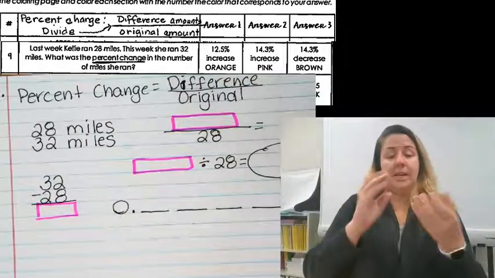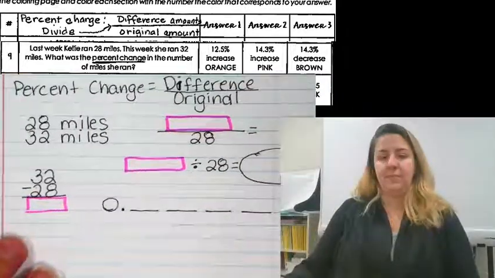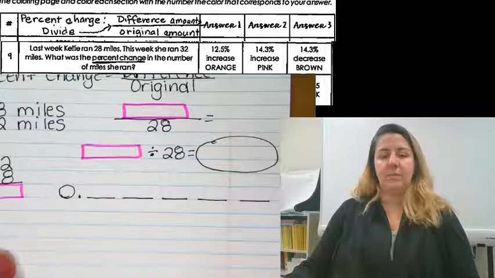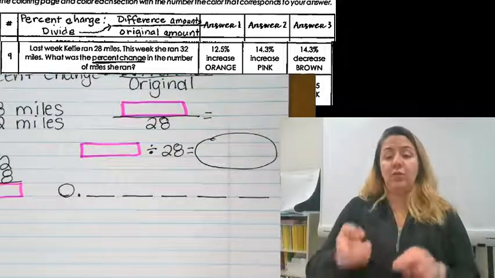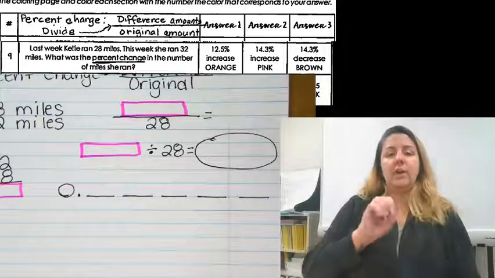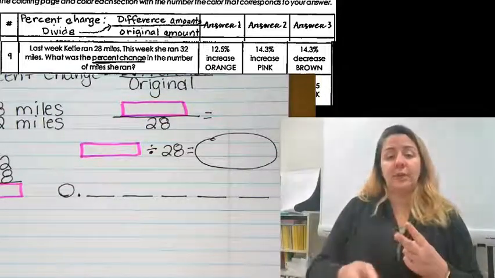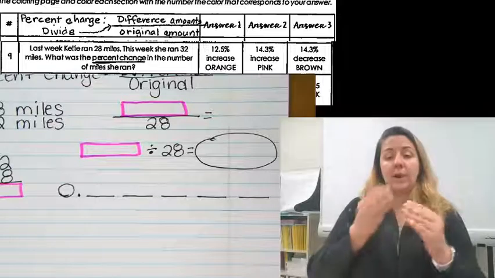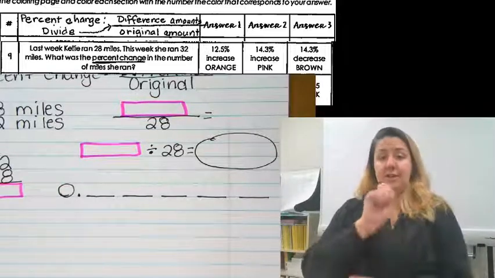You will need to round that number. If you look at your answer choices, it has one number after the decimal.